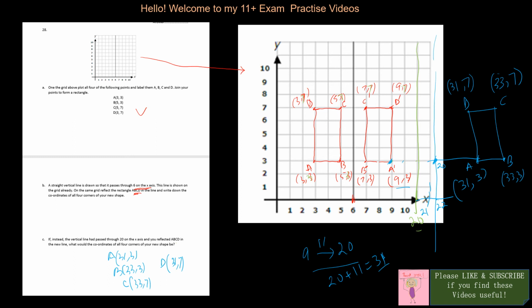And if this is 9 and that's 20, you have to cross 11 points to get to 20, and then 11 points further down, so that would make it 20 plus 11 is 31. So that's why this is how it is done.